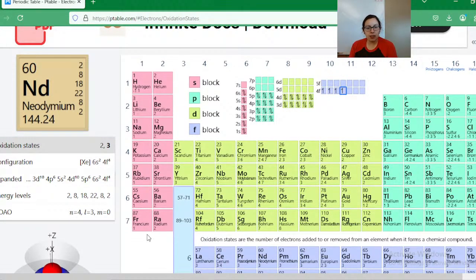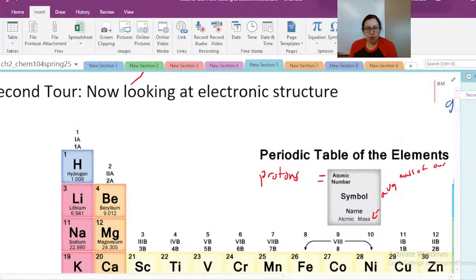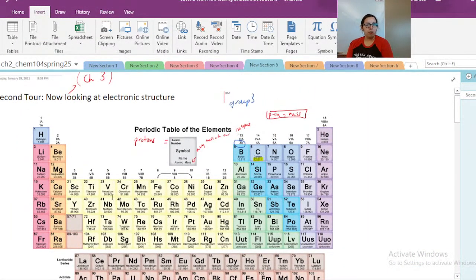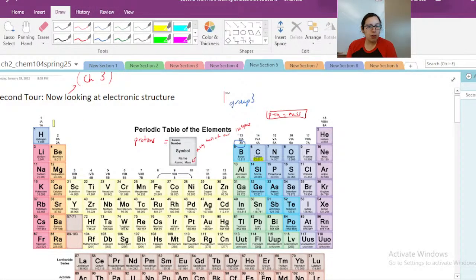So this is our s block here, and you may want to highlight this for later, for helpful notes. You want to highlight these first two. This is our s block.